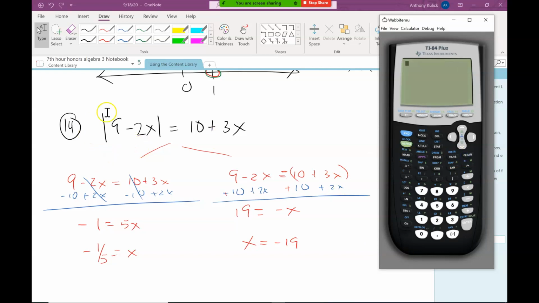So to get the absolute value symbol here, I press the math button and then go over to the number option, I should say. And I want the ABS. And then I can do 9 minus 2 times. And then I'm just going to type in -1/5 as like -1 divided by 5.